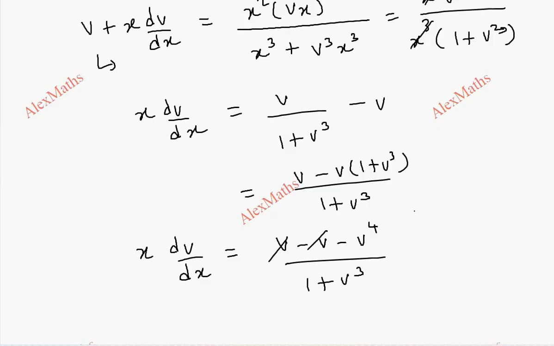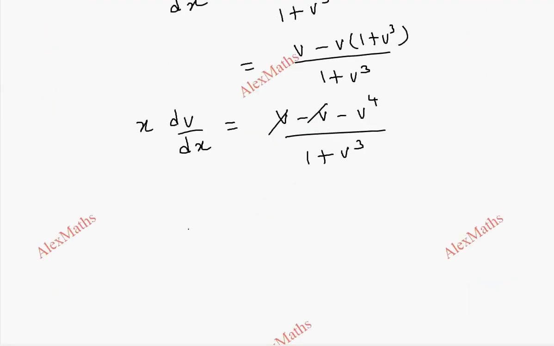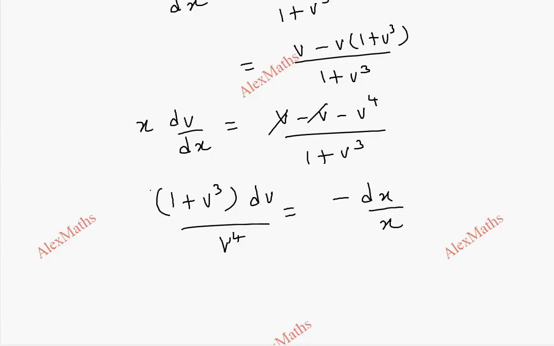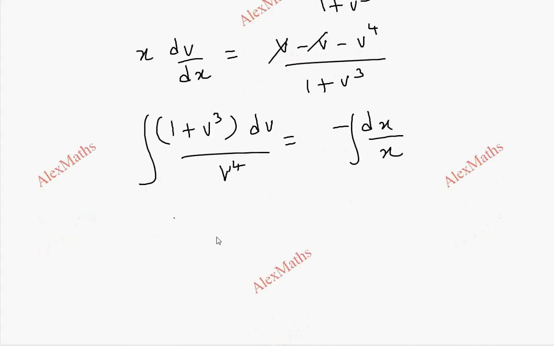After cancelling this, we can do the variable separable, that is 1 plus v cube into dv by v power 4. I keep the minus sign here itself, and dx by x, and we have to integrate on both the sides. Now we can individually divide this.